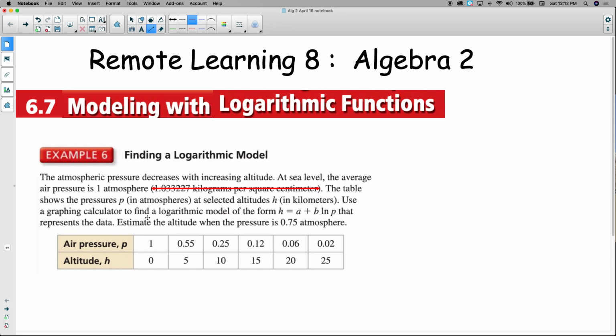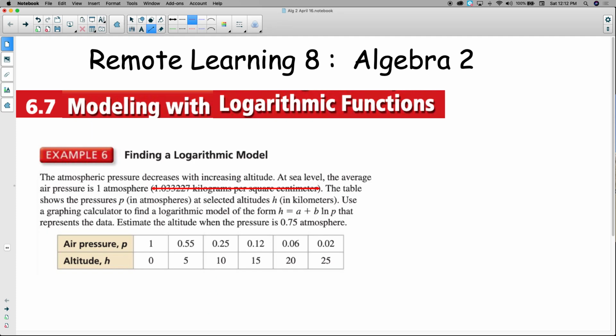Use a graphing calculator to find the logarithmic model of the form, in this case, altitude equals a plus b times the natural log of the atmospheric pressure. Okay, so here's the data. We need to find the logarithmic model that represents the data, and it's a calculator exercise. Once I have the model, then I'll go on to answer this question here at the bottom.